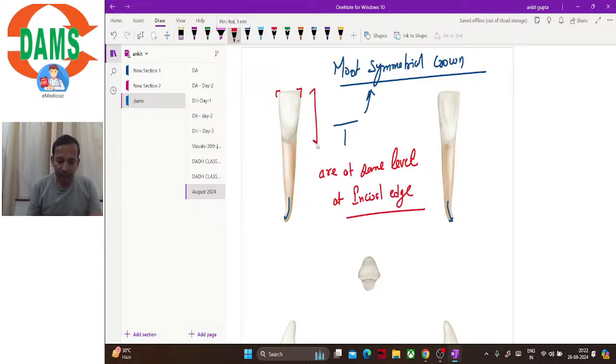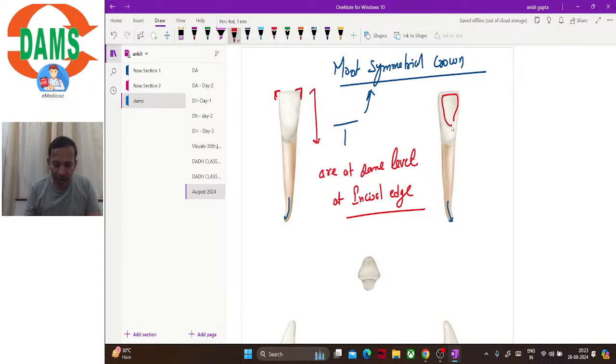So these angles are at the same level and they are at the incisal edge, not in the incisal third, but at the incisal edge. So the crest of curvature or the maximum convexity lies at the incisal edge and is at the same level. It is at the same level.